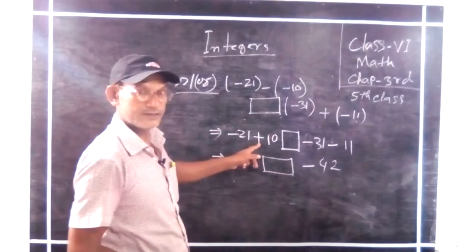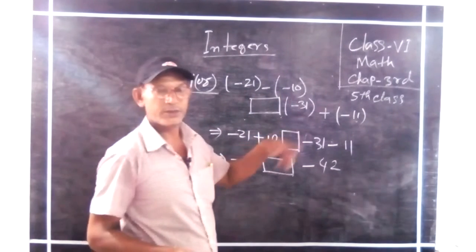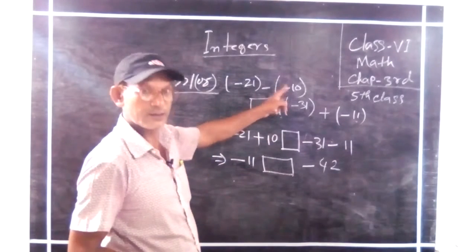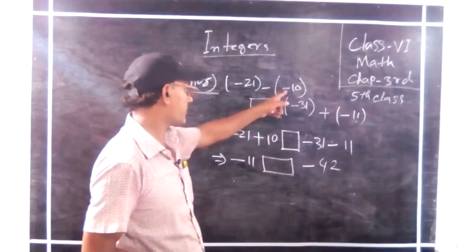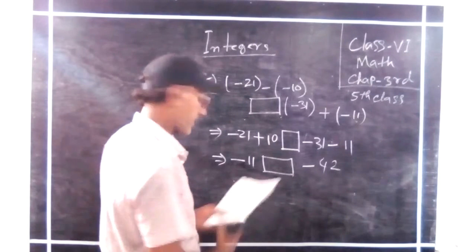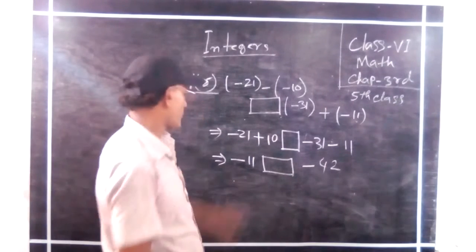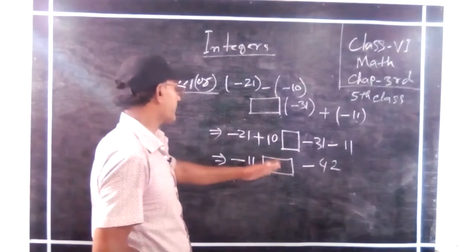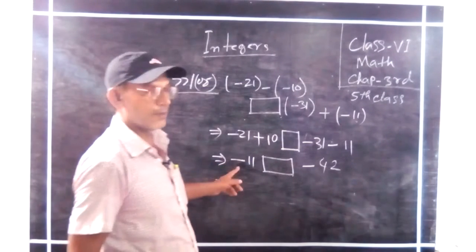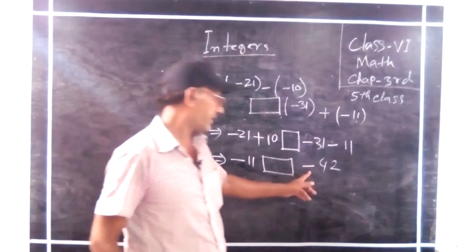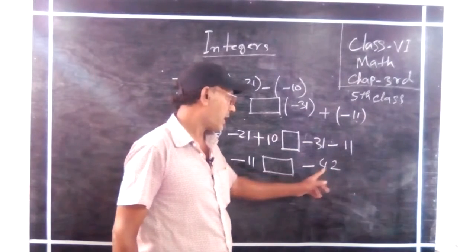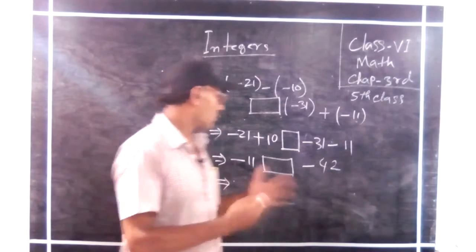Plus 10 is the positive inverse of minus 10. So we can write here, left side minus 11 and right side minus 42.